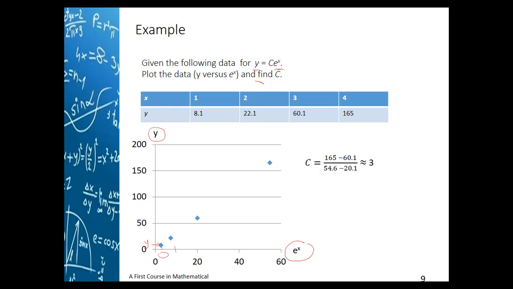Don't forget to include your x inside your e. So put it in the calculator. This is the valuation there.